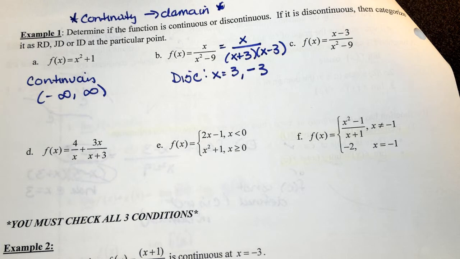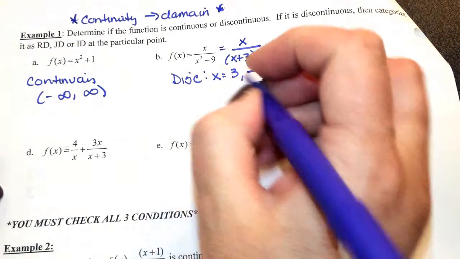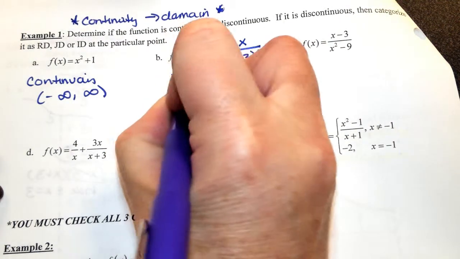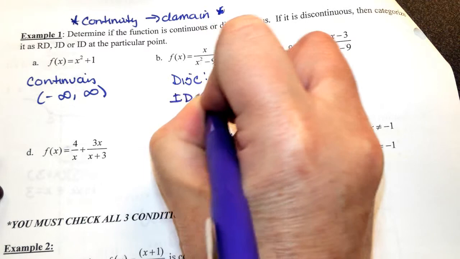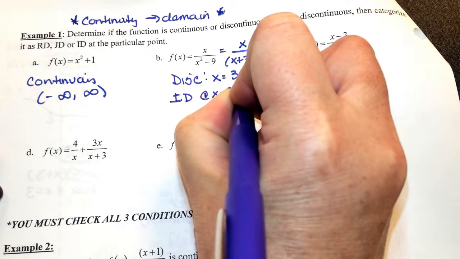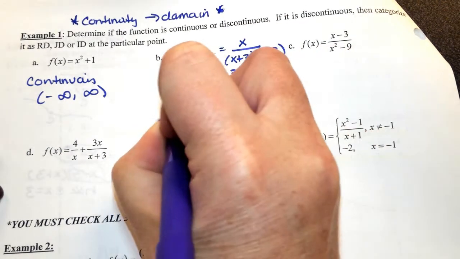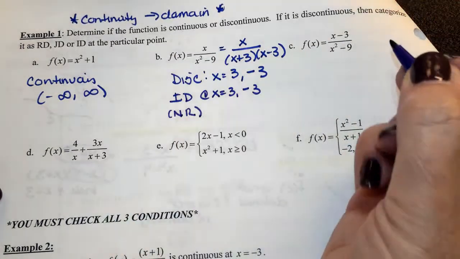Now the question is, what type of discontinuity do I have? Well, what's happening graphically at 3 and negative 3? Do I have a hole or do I have a vertical asymptote? Vertical asymptote. So if it's a vertical asymptote, I call that, remember, your infinite discontinuity. You can always call this the non-removable as well.